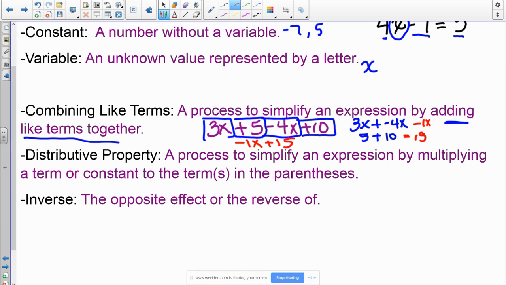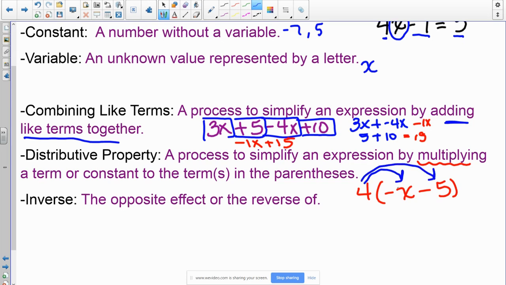Distributive property. So we're going to multiply, notice the operation here, a term or constant to a term within the parentheses. So let's say we have 4 on the outside, -x minus 5. We're going to multiply the constant, or the term outside, in this case it's a constant, to the terms inside.